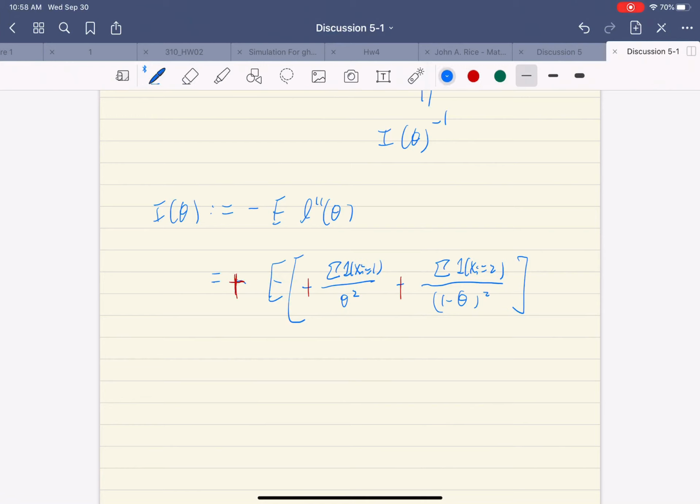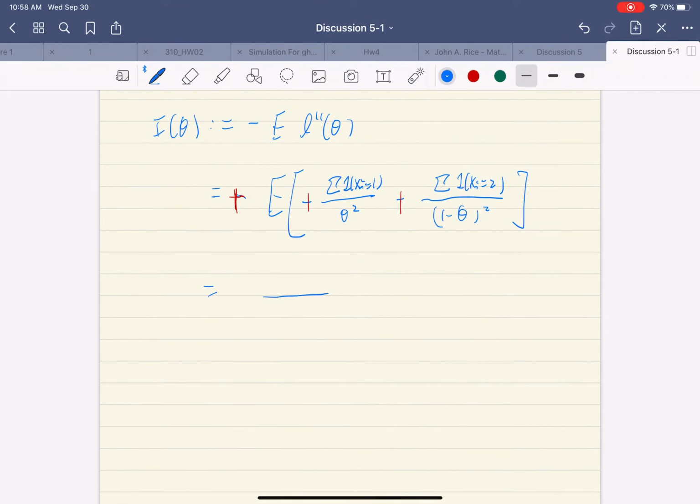And the average of the indicator function is the probability. So this becomes 1 over theta squared times the probability of X equal to 1, and we have the summation from i equals 1 to n, so we have n in here, plus the term for X equal to 2. This one is theta, and this one is 1 minus theta.